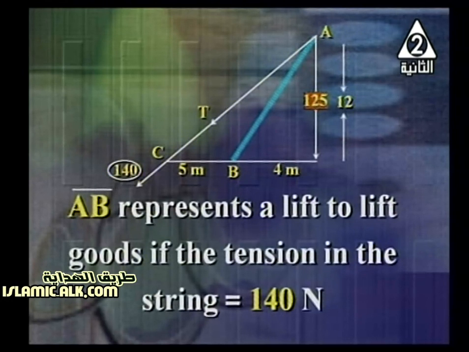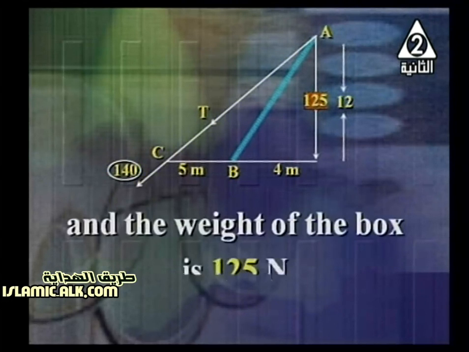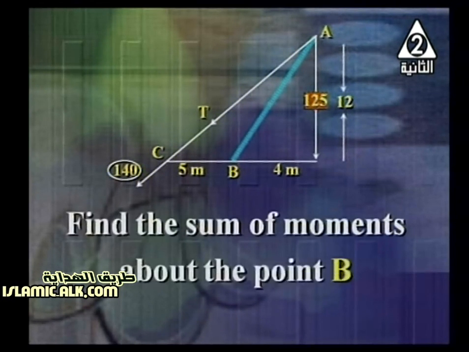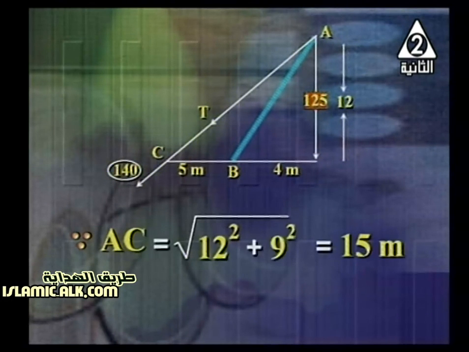If the tension in the string is 140 Newton, and the weight of the box is 125 Newton, find the sum of moments about the point B. Remember, dear student, we have AC by the Pythagorean theorem: 12 squared plus 9 squared, so the length of AC is 15.